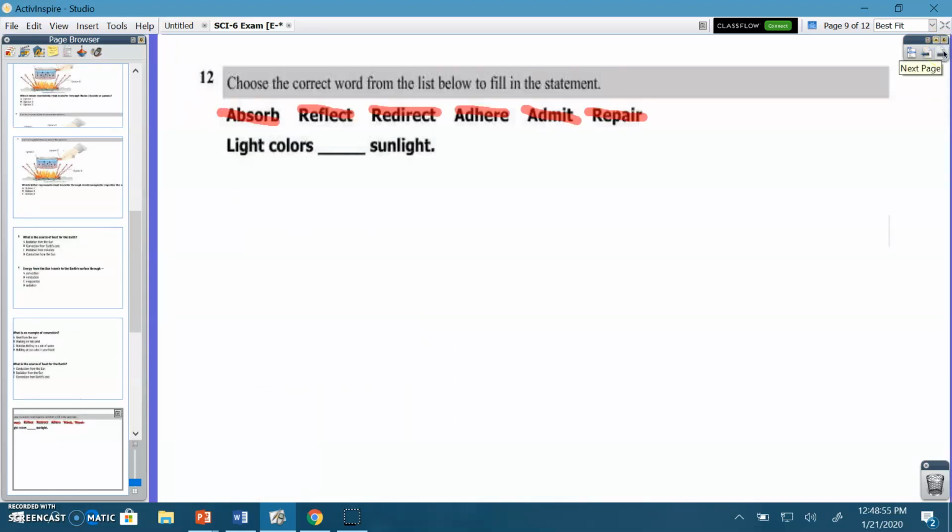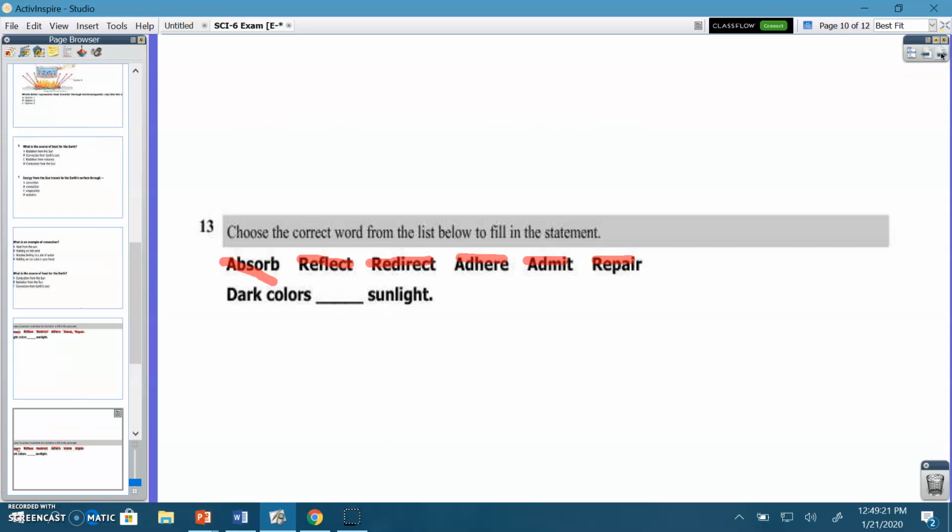Number 12. Choose the correct word from the list below to fill in the statement. Light colors absorb, reflect, redirect, adhere, admit, or repair sunlight. So light colors blank sunlight. Again, those words were absorb, reflect, redirect, adhere, admit, or repair.